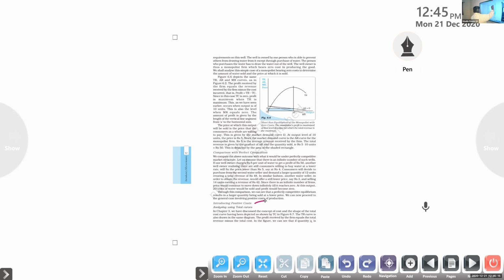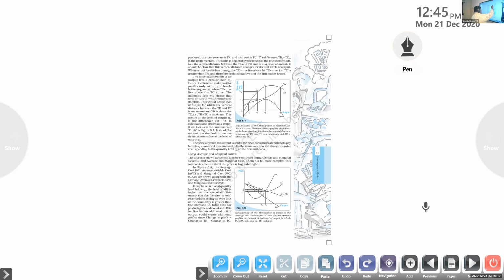Basically here you can see the total cost curve and the total revenue curve. Okay, if the total cost curve is below the total revenue curve, tell me, is that profitable or a loss for the firm?